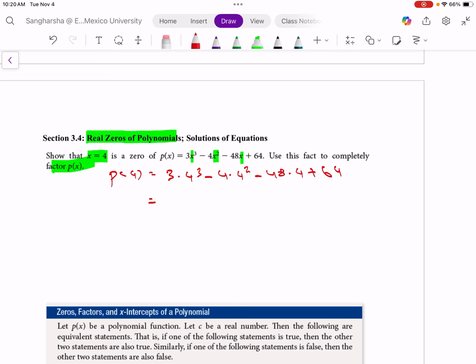This is 3 times 4 cubed. 4 cubed is 4 times 4 squared, that is 16 times 4, what is 16 times 4?